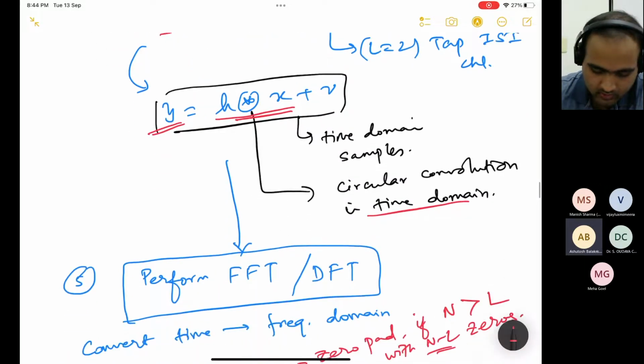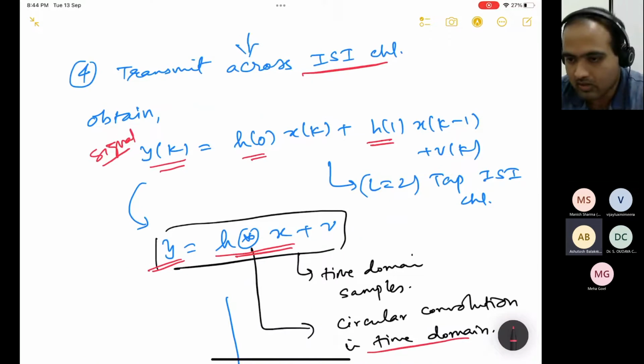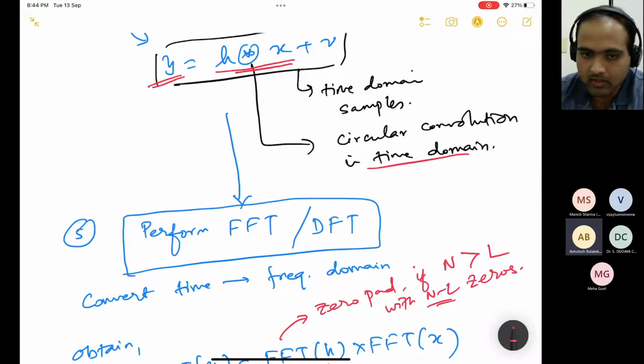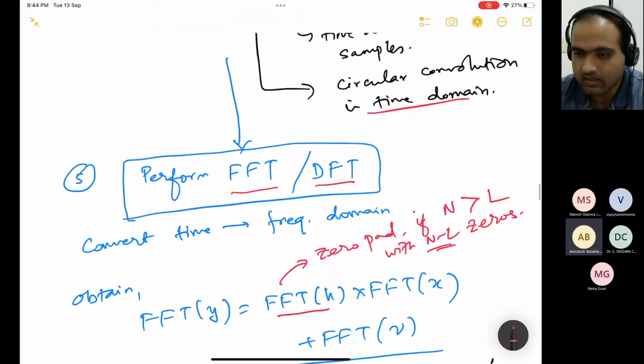So rather than going through this cumbersome circular convolution and time domain zero forcing method, we are going to bypass it by performing the FFT or the DFT and converting the time domain symbols into frequency domain symbols.